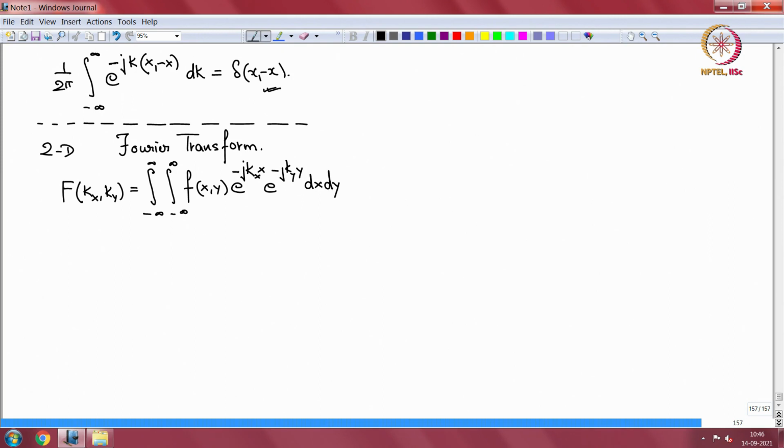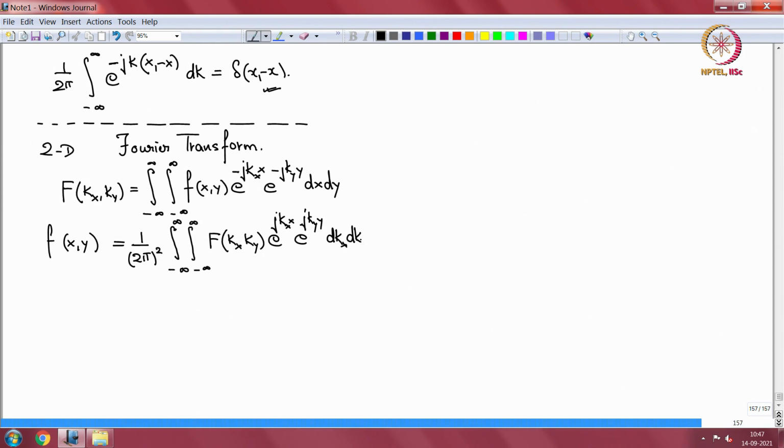That's the forward. And the inverse, let's say we define as 1 over twice pi whole squared, integral minus infinity to infinity, minus infinity to infinity, F of kx ky e to the power plus j kx x plus j ky y dkx dky.